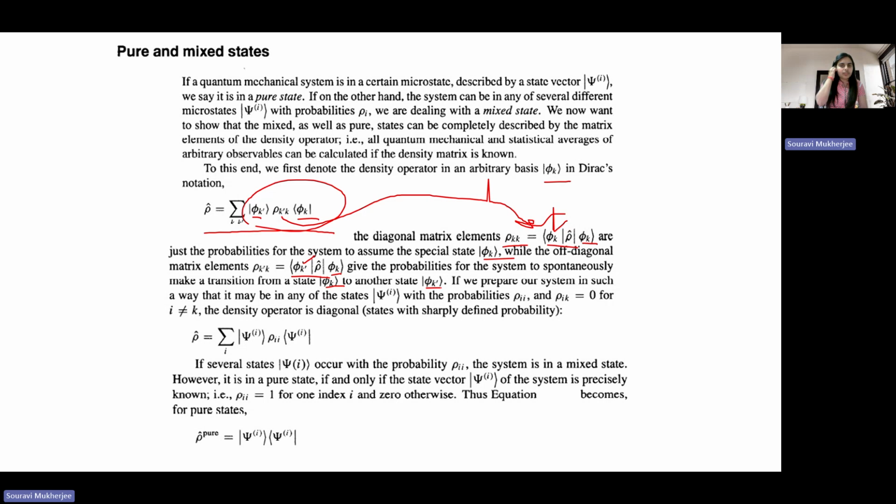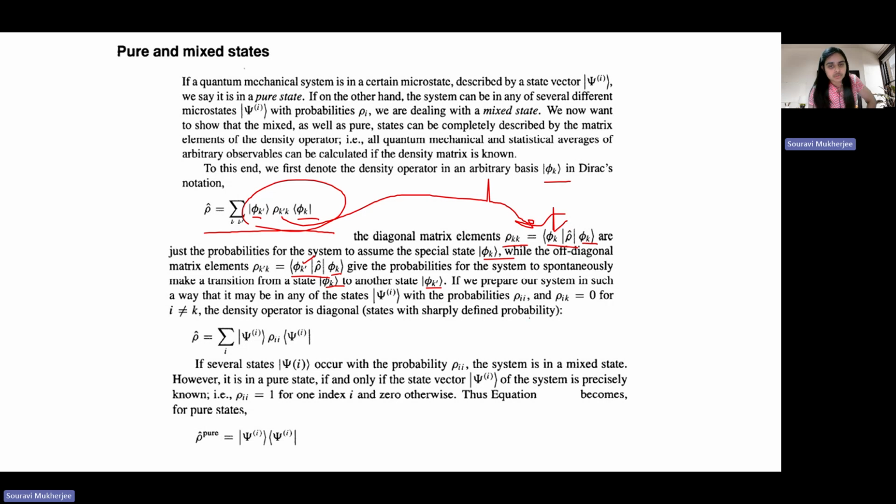So whenever you write these diagonal or non-diagonal matrix elements, the rho k k or rho k k prime terms, the terms in the density matrix, all of these are talking about the probability of either being in that state, which is the case for the diagonal terms, or the probability of going from one state to another, which is for the off-diagonal terms. Based on whether you have a mixed state or a pure state, you would get different matrix elements. The elements will also vary based on what basis you are choosing.